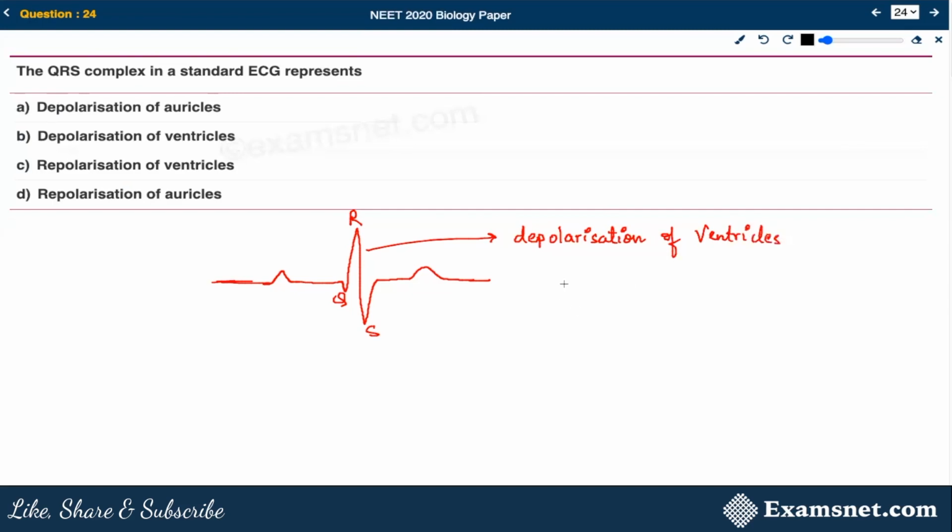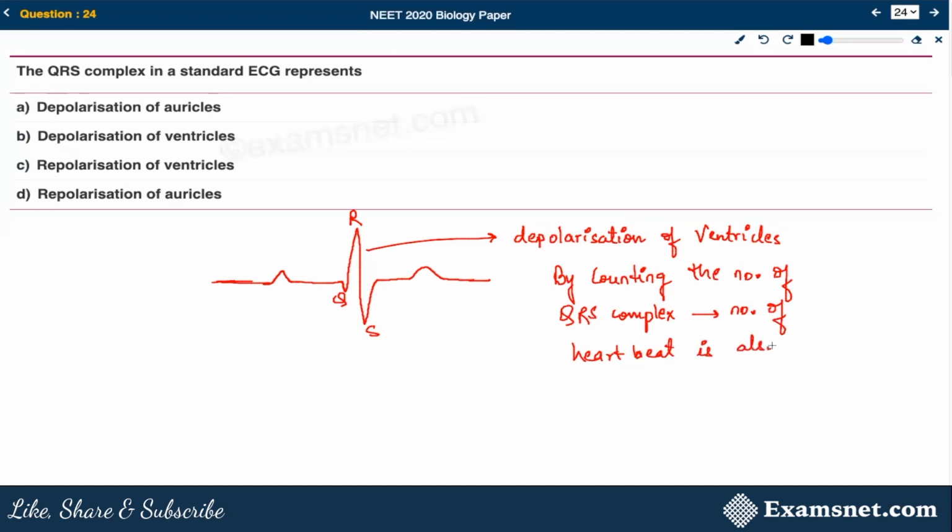And you can say that by counting the number of QRS complexes, the number of heartbeats is also counted. That means the number of QRS is equivalent to the number of heartbeats.